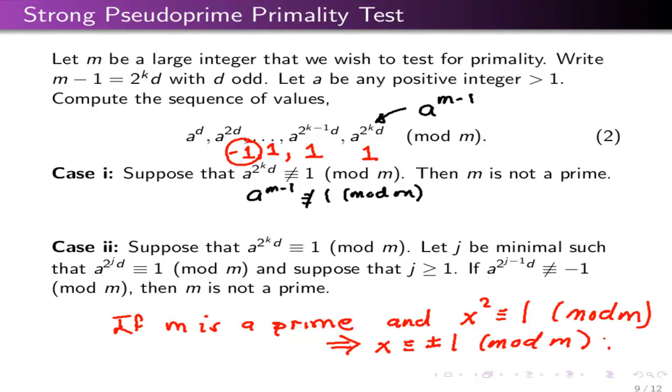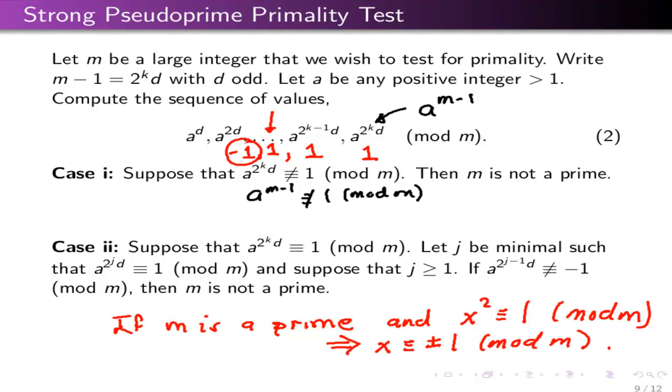And in this sequence here, as you're going from one term to the next, you are squaring the preceding term. So if you have a 1 right here, then the previous number would have to be a plus 1 or negative 1 if we really are dealing with a prime modulus. So we get another conclusion here that m is not a prime.